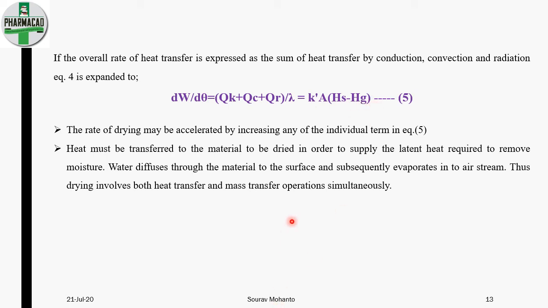The rate of drying may be accelerated by increasing any of the individual terms in the equation. The rate of drying depends upon the rate of evaporation, heat transfer, and the velocity of the air, and factors like qk, qc, qr, A, Hs, Hg. If we change these factors, then automatically the rate of evaporation can be increased as well as decreased, depending on the change.